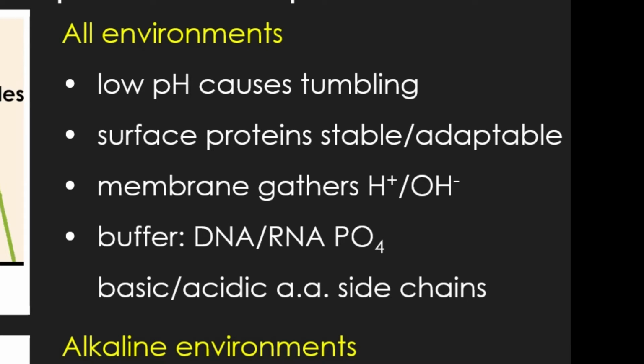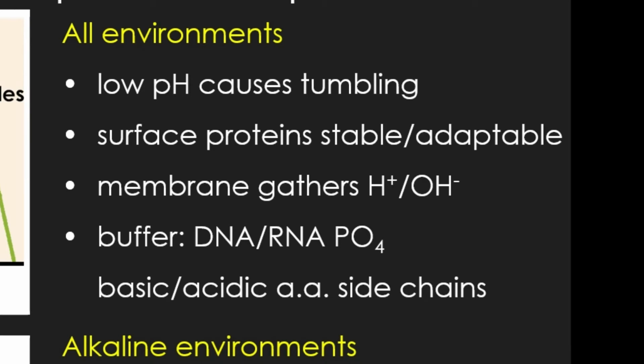So they will all try to move out of that low pH environment and hopefully move into one that is more at their optimum. In addition, in all of these environments, the surface proteins of these microorganisms are incredibly stable, and they adapt very quickly to changes in the pH.